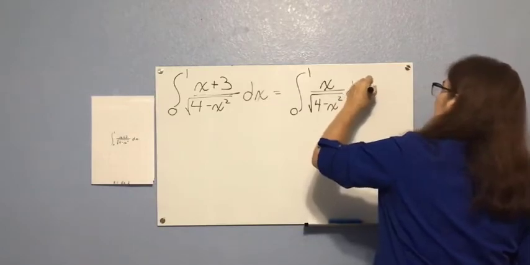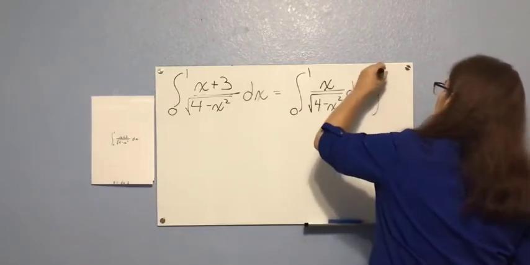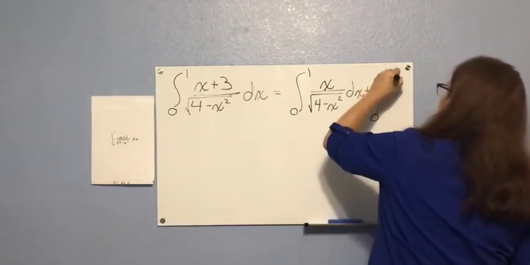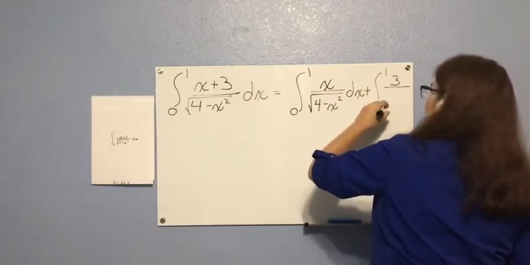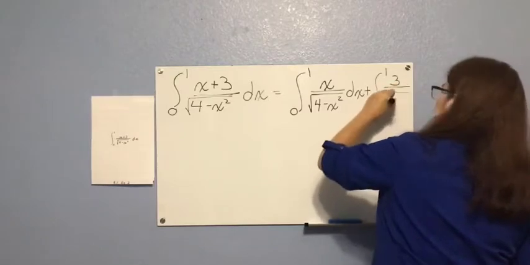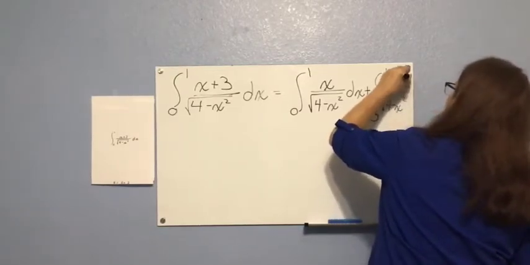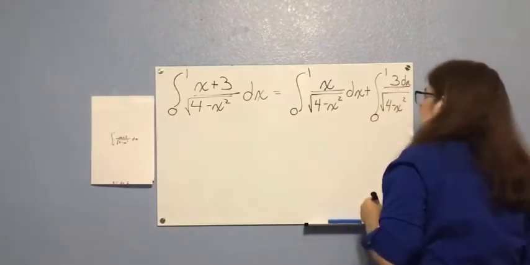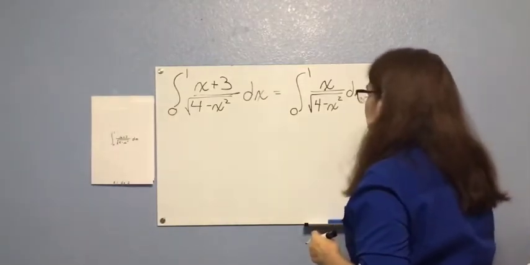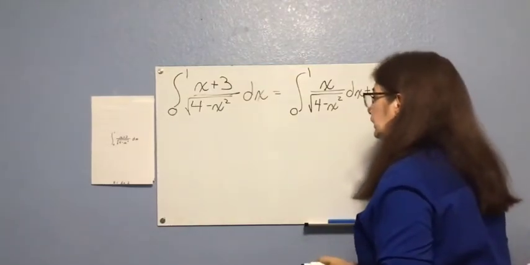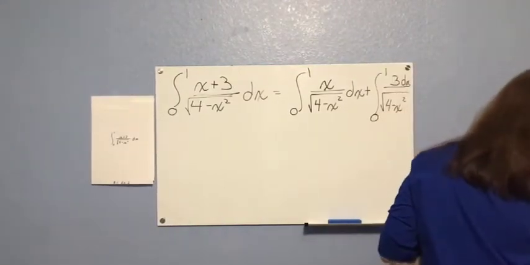And then the second one will be 3 over the same denominator. Okay, so now I have two separate integrals that I can work with.